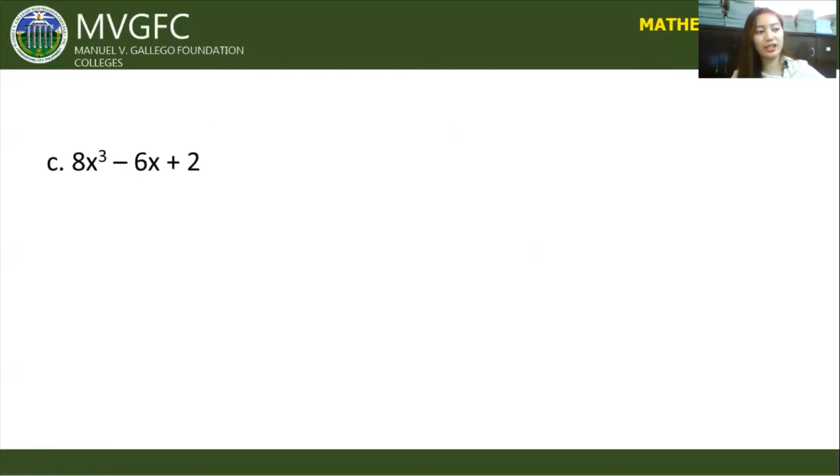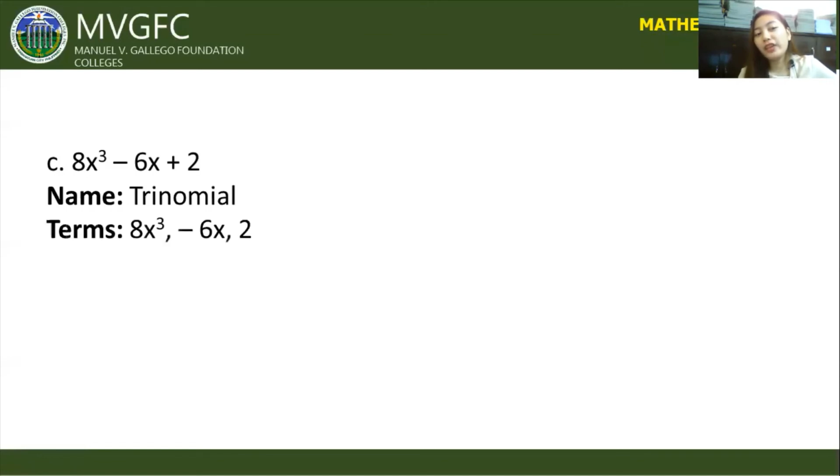So, let's have another example. We have letter C. So, for letter C, we have 8x cubed minus 6x plus 2. What is the name of this polynomial? Okay, this is a trinomial. Once again, what are the terms? Let us see if you're correct. We have 8x cubed, negative 6x, and 2.